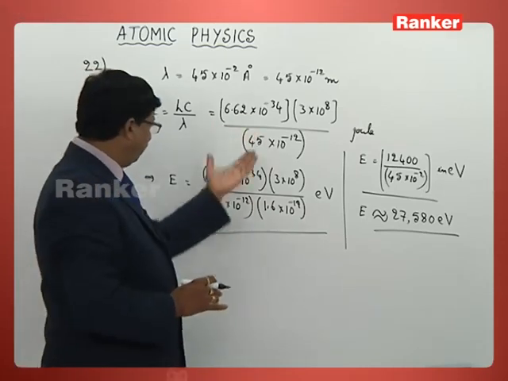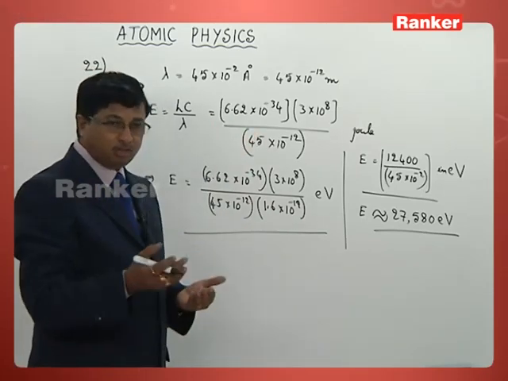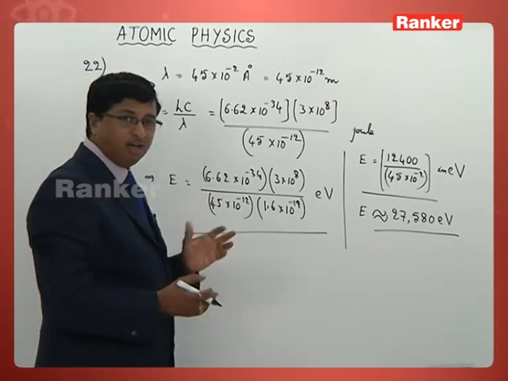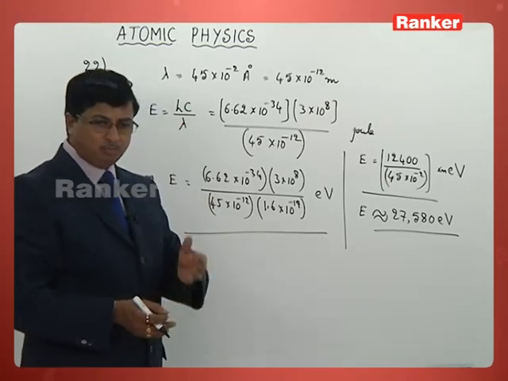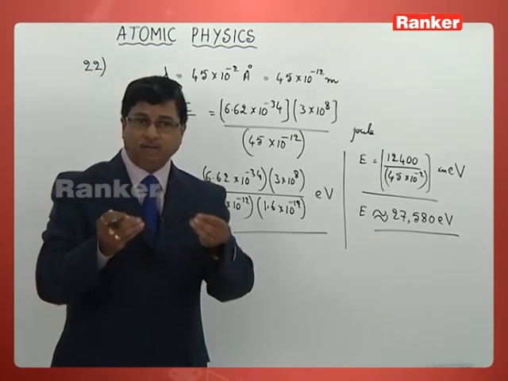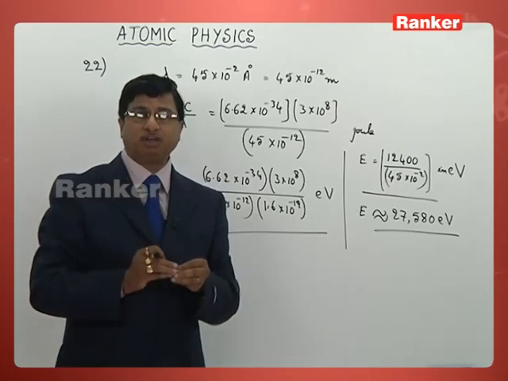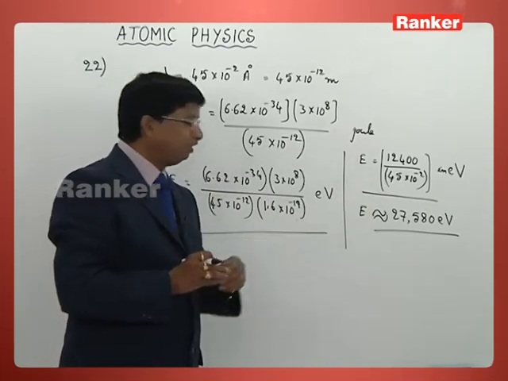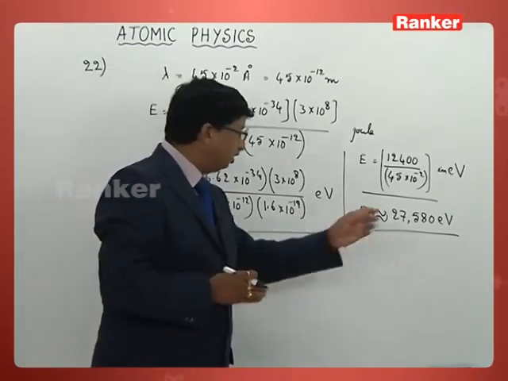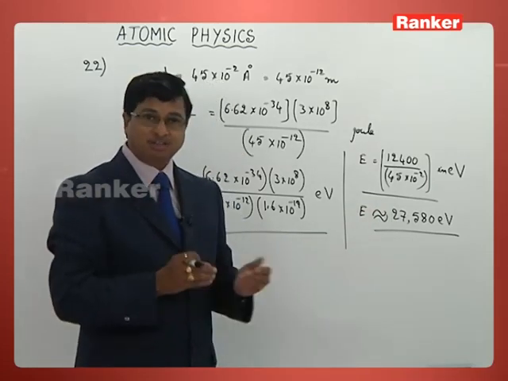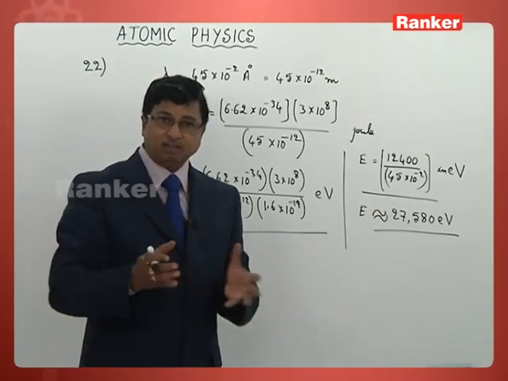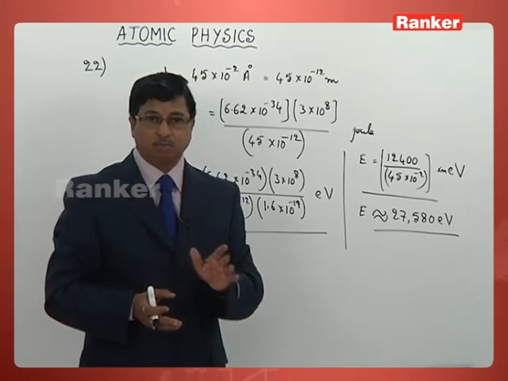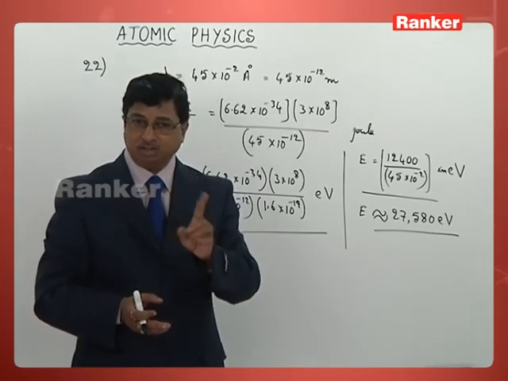If you want to go by this, okay, because he has given you the value of h, the value of c and all. But there is no rule, since the answers are not very close. Suppose he says, for example, first option 27,580, second option 27,579, 78, like that, then okay, there is no other option, you have to calculate till the end correctly.